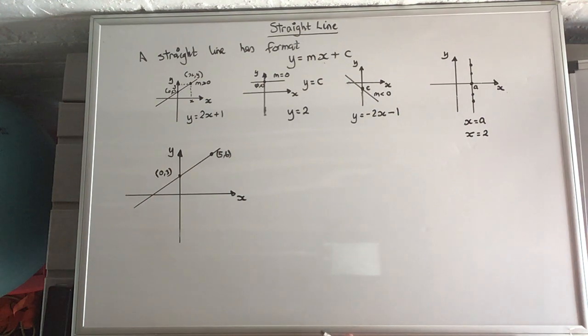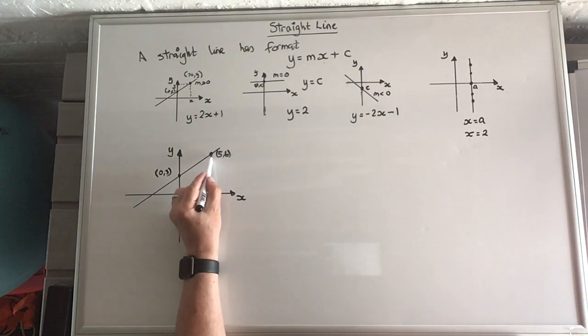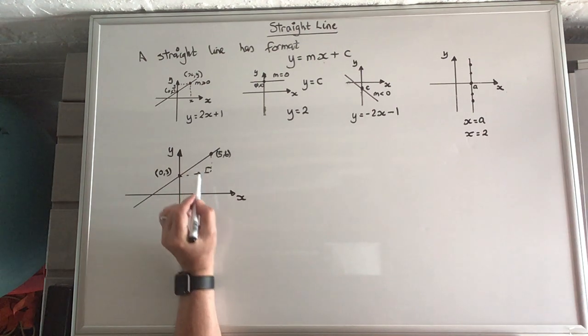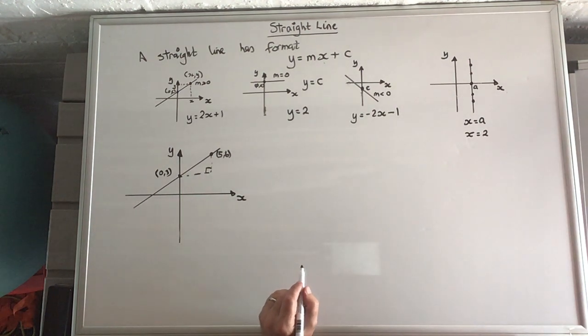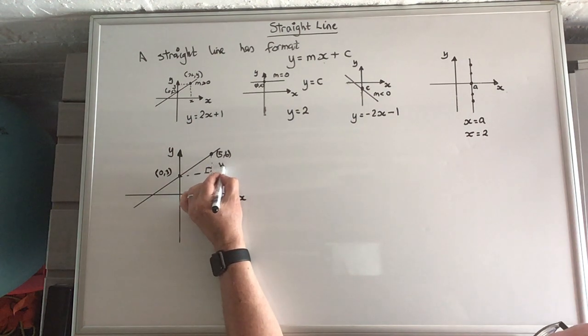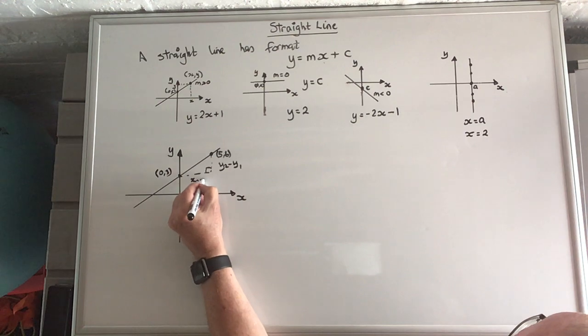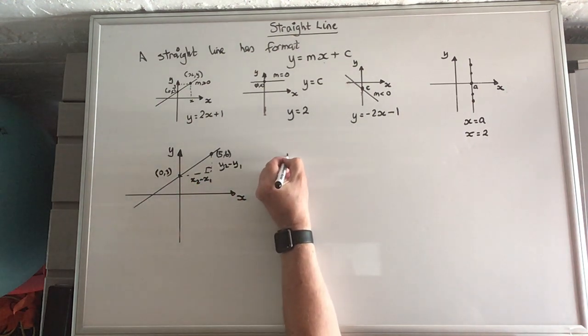Remember from the last video, to work out the gradient, independent right angle triangle, it's vertical over horizontal, but at National 5 level we use coordinates, so y2 minus y1 over x2 minus x1, so hopefully you remember that. I'll just put this in to remind you, y2 minus y1, x2 minus x1. So let's work out the gradient.